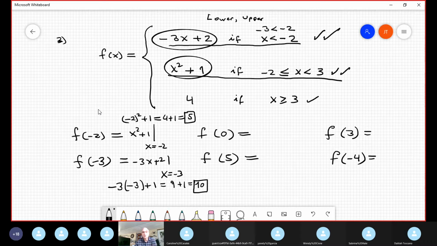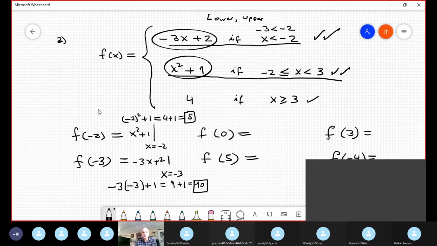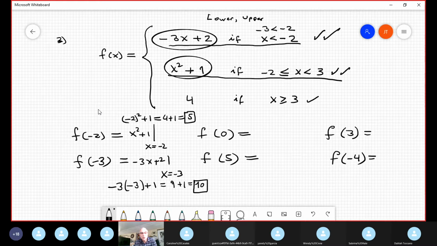Okay, super. What about 0? 0 belongs to the first expression. The second is not plus 1, it's plus 2.